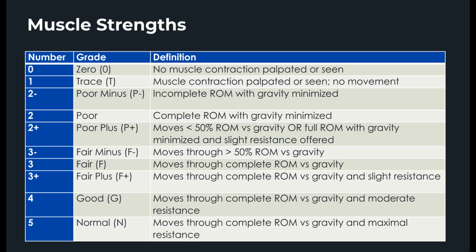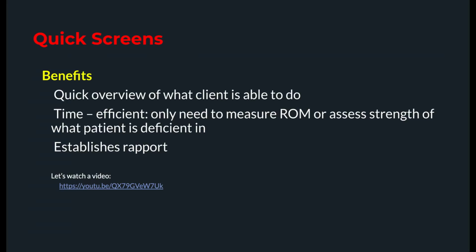But we also have to understand that what's normal for you as maybe a 22-year-old may not be exactly what we would say is normal for a 75-year-old, right? So a 75-year-old's normal might actually be at the 4 level, because that's what they're able to do. And that's okay. That's what we would call functional muscle strength. So we're going to talk more about that as well.